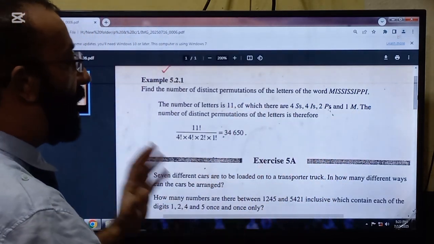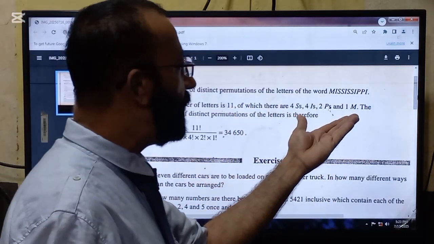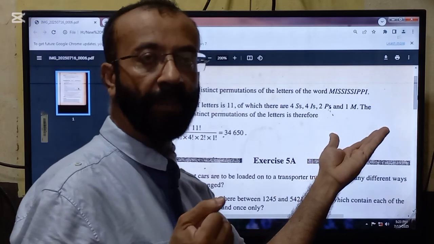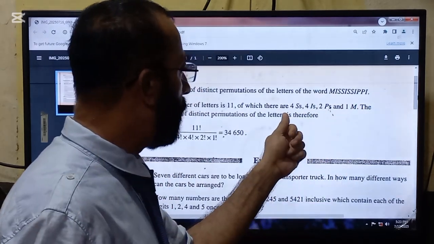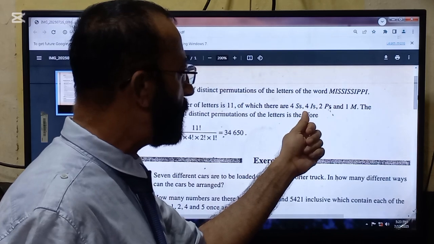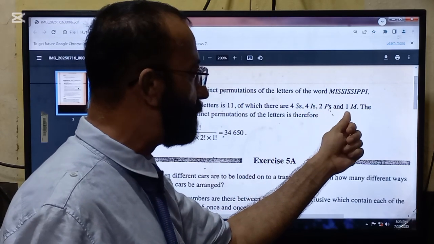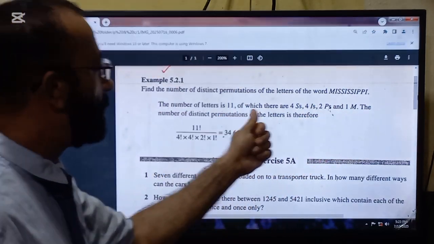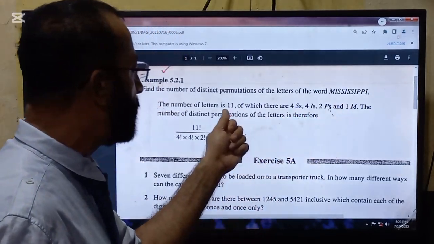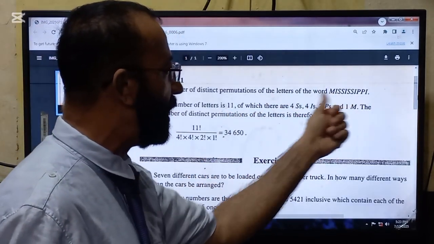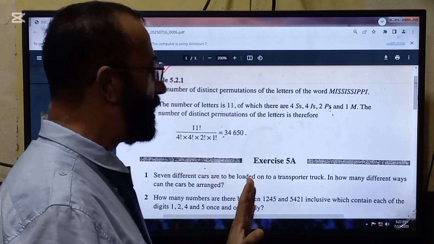But first we have to check whether these numbers make the total of the letters or not. So 4 plus 4 is 8, plus 2 is 10, plus 1 is 11. Yes, the sum of these makes the total number of letters in the word, so now we can proceed.